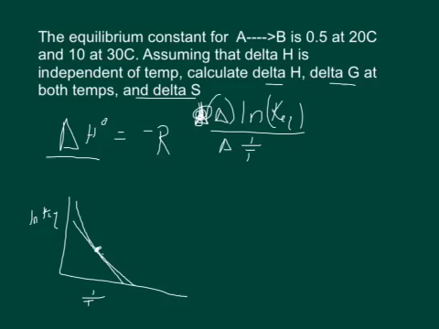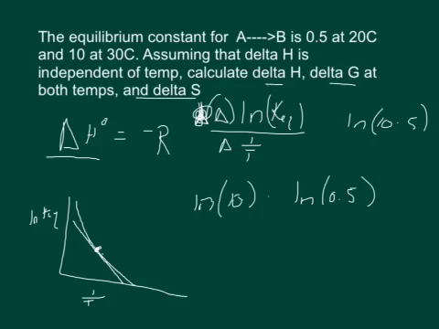So here are the pitfalls with this. Let's start with the change of the natural log. The final equilibrium constant is 10, and the initial was 0.5. So it is not the natural log of 10 minus 5. It is the natural log of 10 minus the natural log of 0.5. So it's the change of the whole natural log.